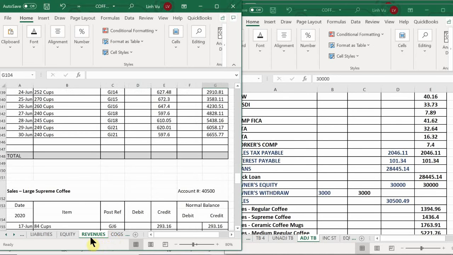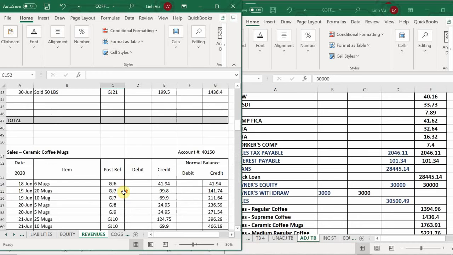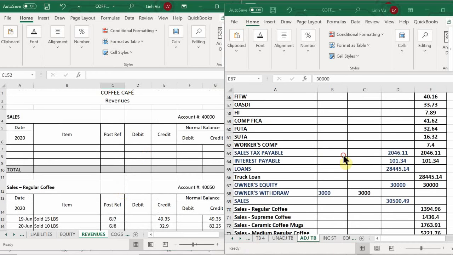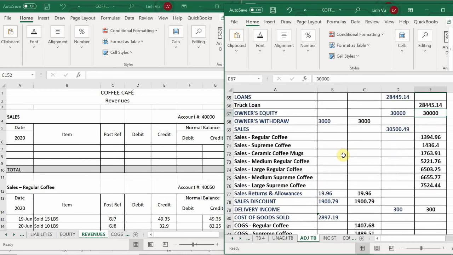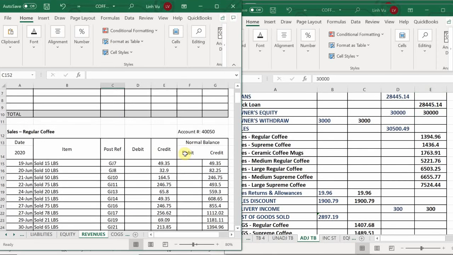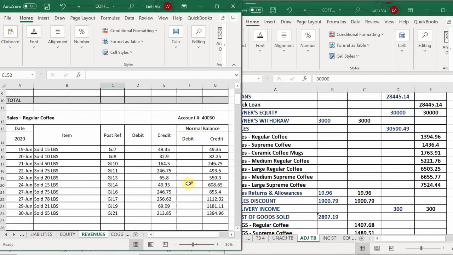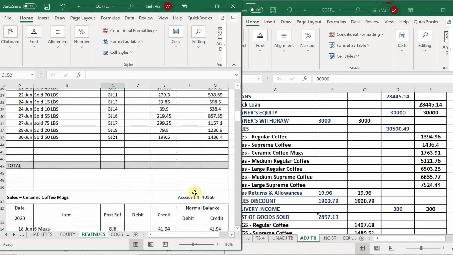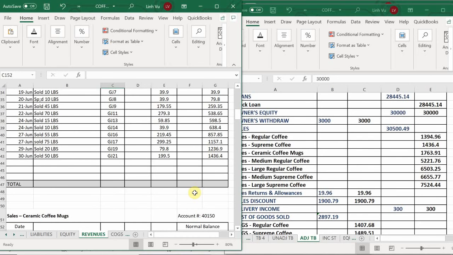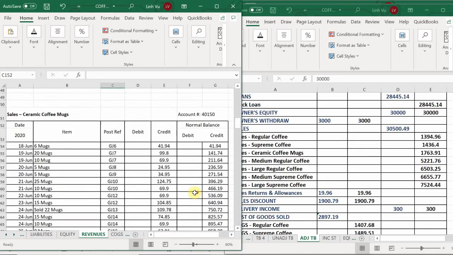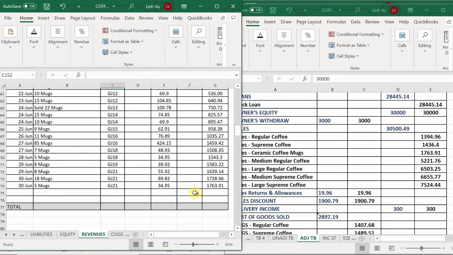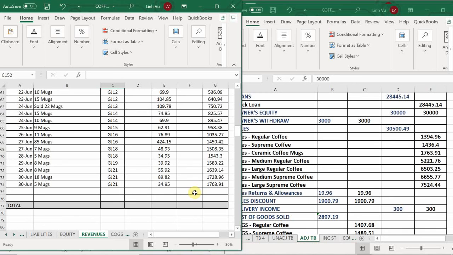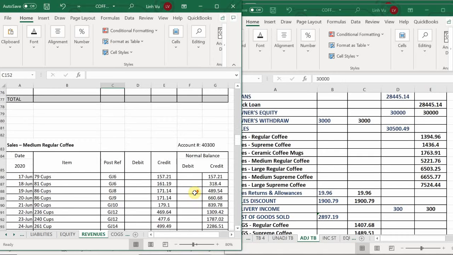Let's look at revenues. Let's go ahead and double confirm here. Sales for the regular coffee is the same, the $13.94. Supreme coffee, the same, $14.36. Coffee mugs, the same, 1763.